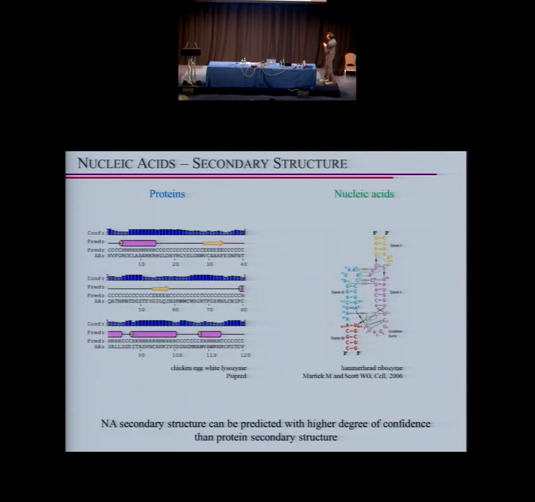Nucleic acids are generally composed of quite idealized helical fragments. And at the same time, the secondary structure of nucleic acids can generally be predicted with a quite high degree of confidence on the basis also of biochemical experiment, and not only of computational alignments and searches.